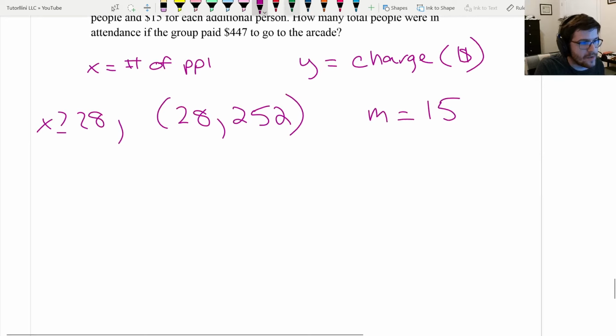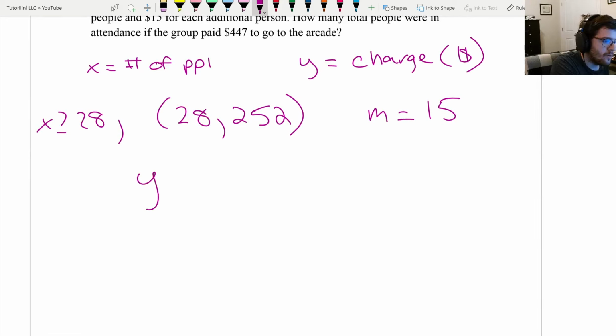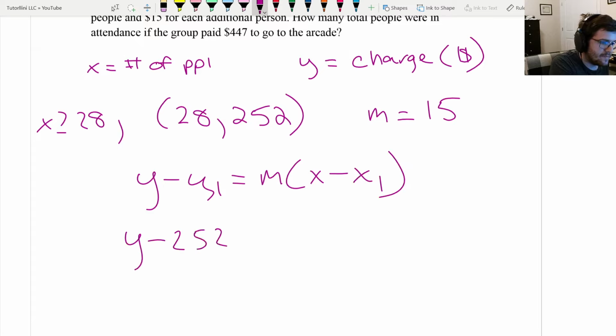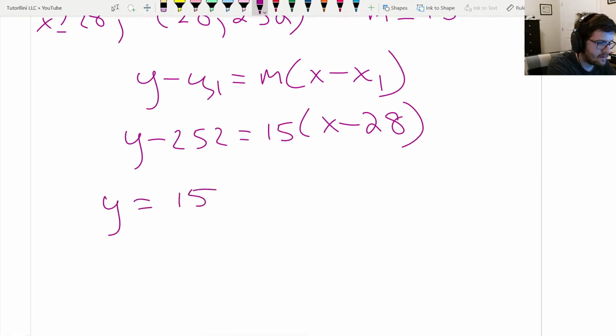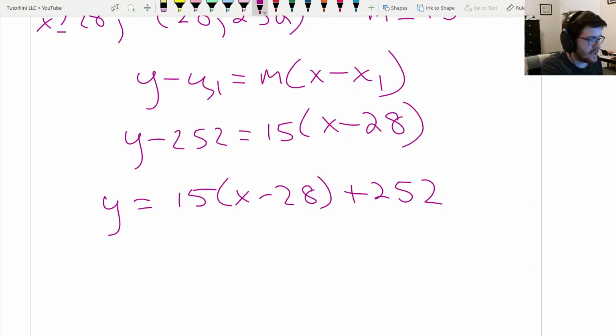So what we're going to do is use point slope to come up with the equation. So y minus y1 equals m times x minus x1. So y minus 252 equals 15 times x minus 28. I'm going to add the 252. And now we're going to distribute.